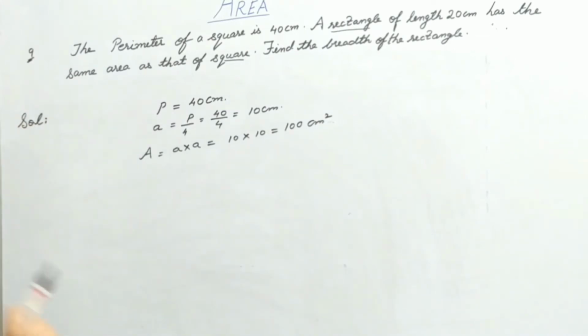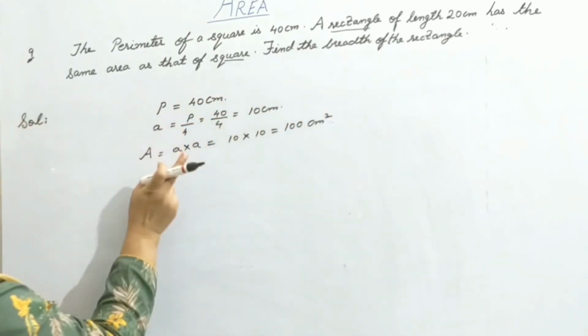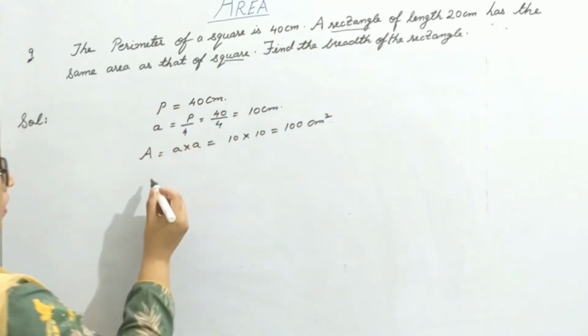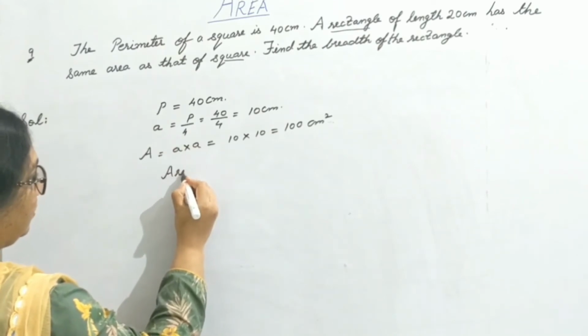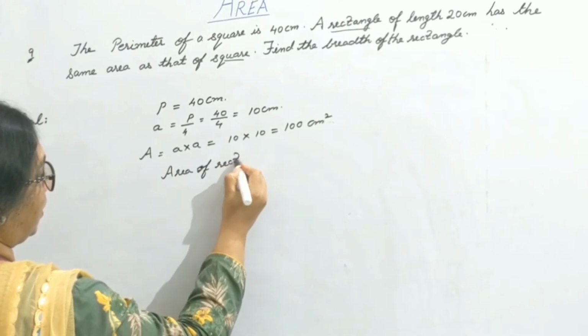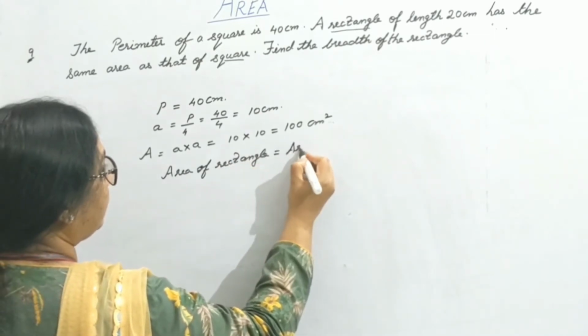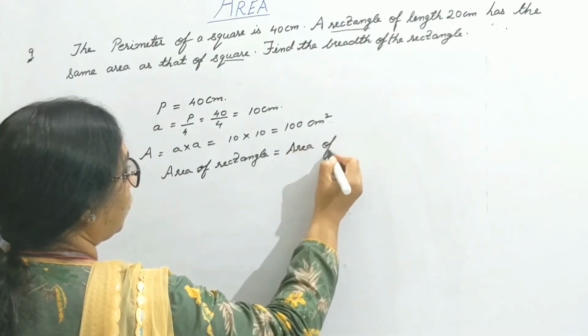Now the next part of the question is, you are given that the area of the rectangle equals the area of the square. So area of rectangle equals area of square.